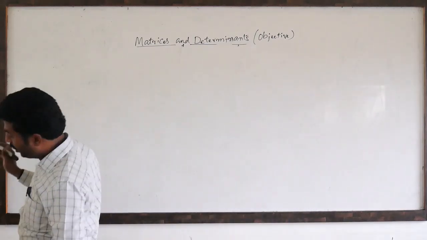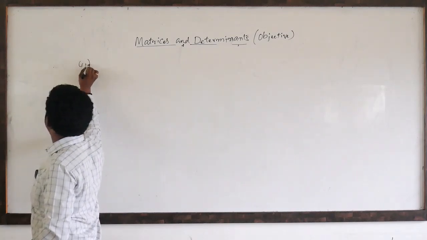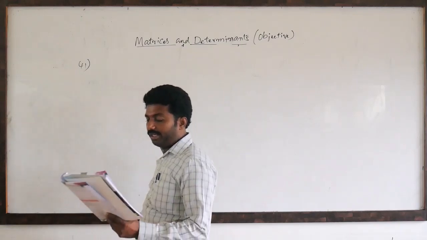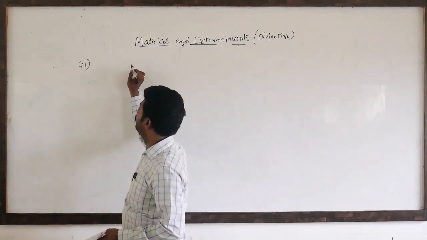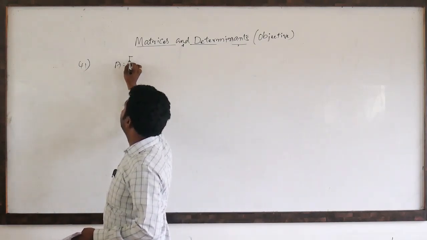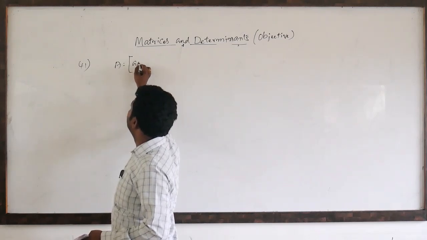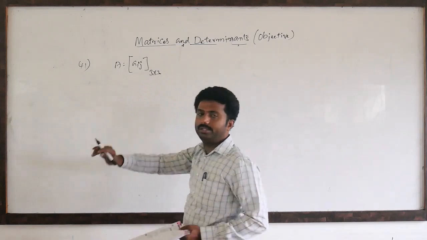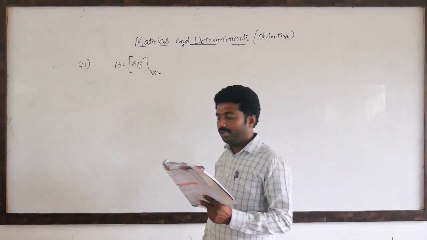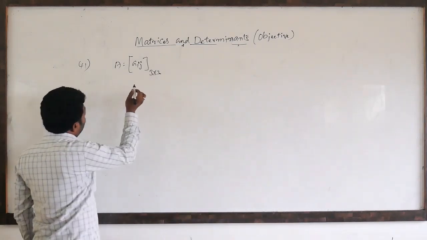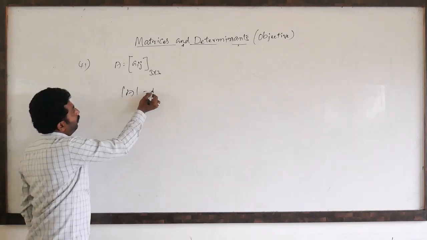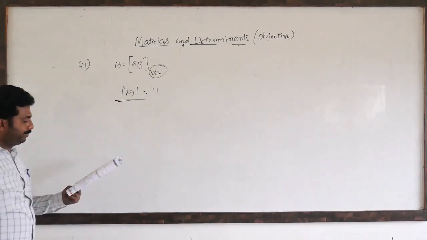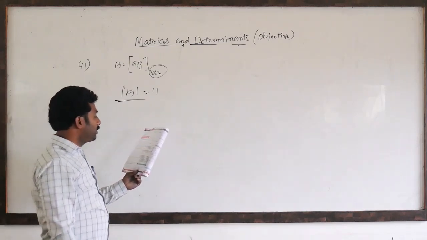Question number 41. The value of the third order determinant is 11. See here, one square matrix is there. Suppose the elements A ij of order 3 by 3, so the value of the determinant of A equals 11. So this is a third order determinant. Then what are they asking?